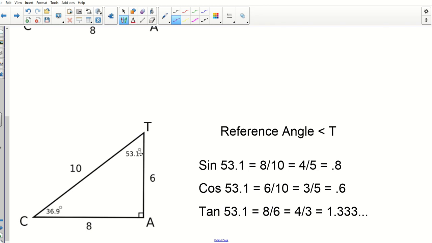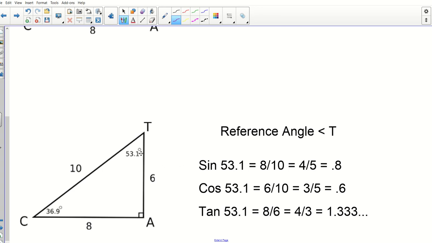So the sine of 53.1 is equivalent to 8, the opposite side, divided by the hypotenuse, which is 10. Simplified down now, it's 4/5, as a decimal, 0.8. The cosine will be the adjacent side, which is 6, divided by the hypotenuse, which is 10. So the cosine of 53.1 is equivalent to 6/10. As a reduced fraction, 3/5, as a decimal, 0.6.